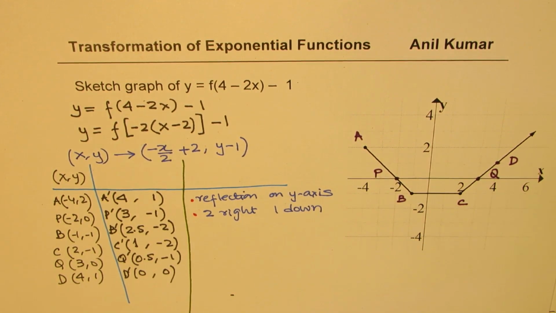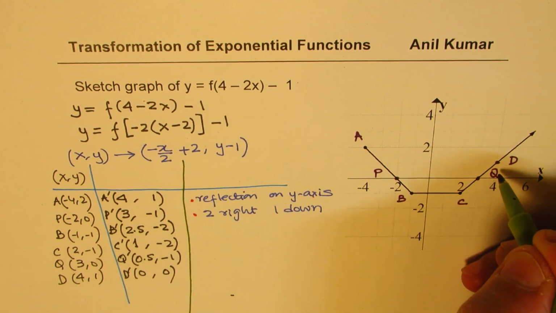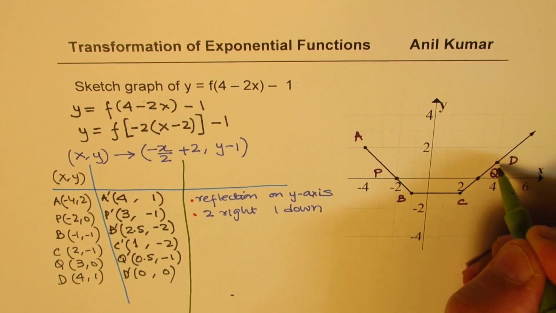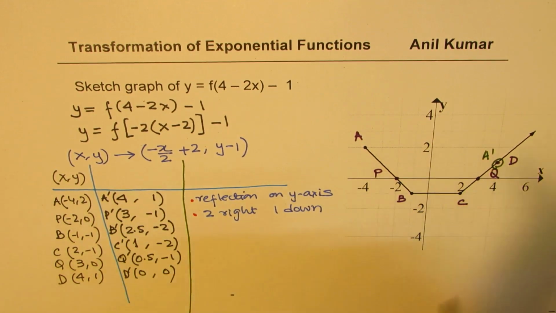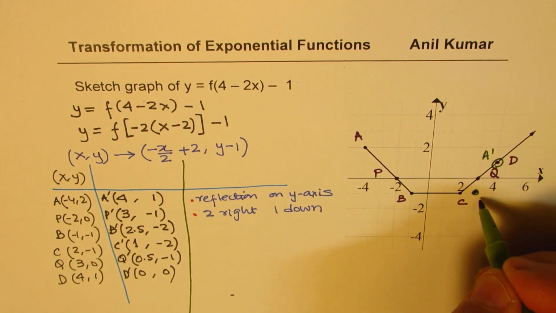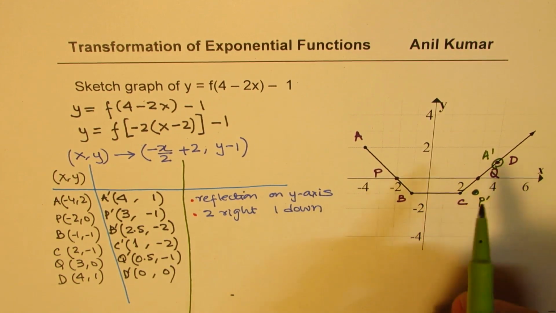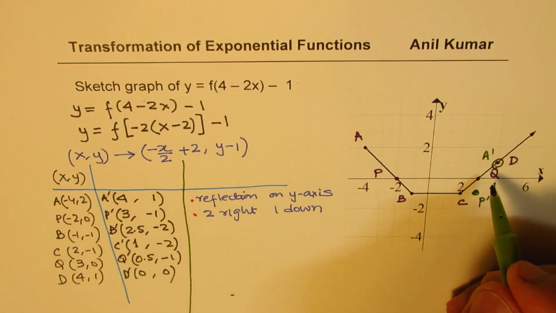We'll actually place these points and then connect them. So A dash is (4, 1). So at 4, we have the point 1. So that is A dash now. Let me write A dash here in green. At 3, minus 1, we have the point, which is P dash. B dash is (2.5, -2).